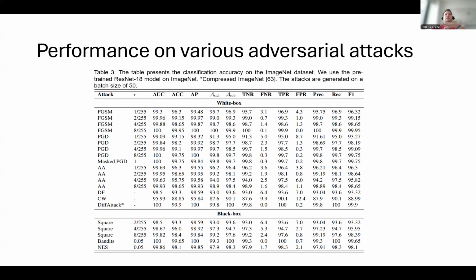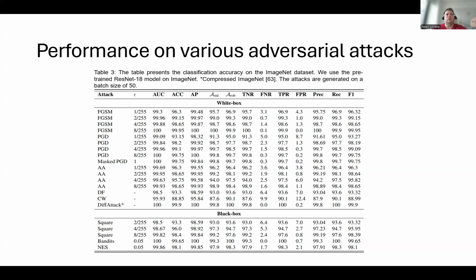Then here we just outline the performance on various attacks on different epsilon sizes. On the white box attacks, we can see that the accuracy is almost every time over 90%, except for the Carlini and Wagner attack. And it's interesting to see the novel TIFF attack, which utilizes a diffusion model to attack images.